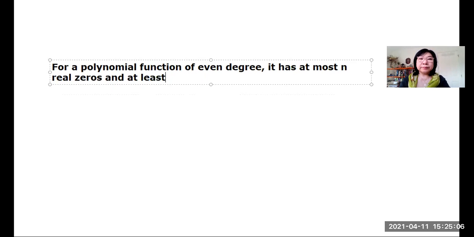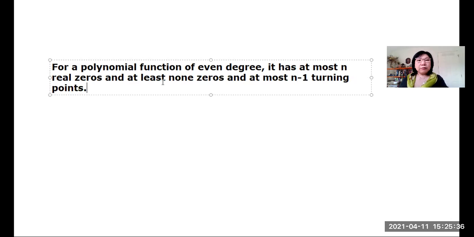At least non-zeros. So we will have at most n real zeros and at least non-zeros, and at most n minus 1 turning points.